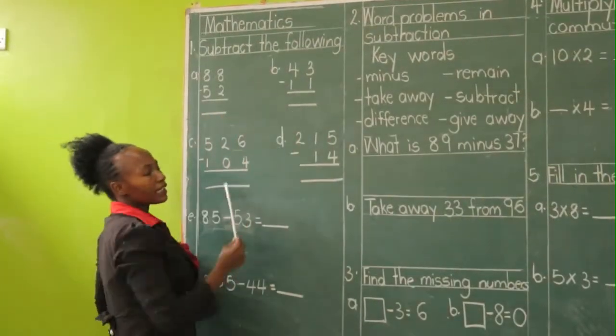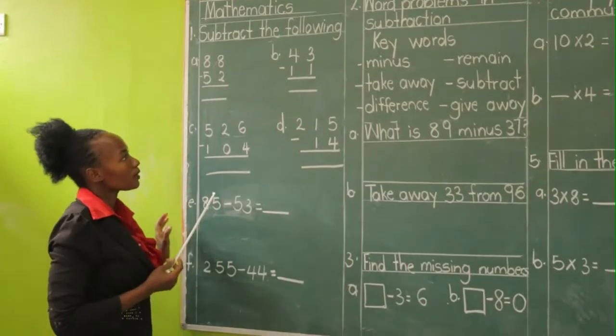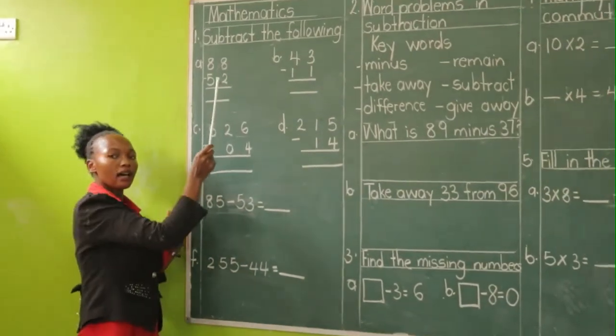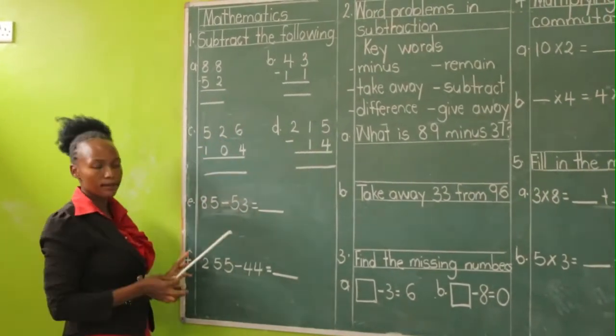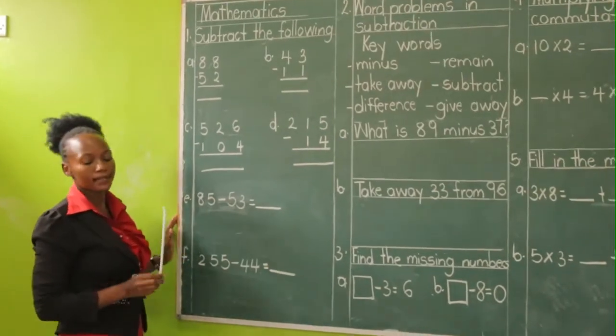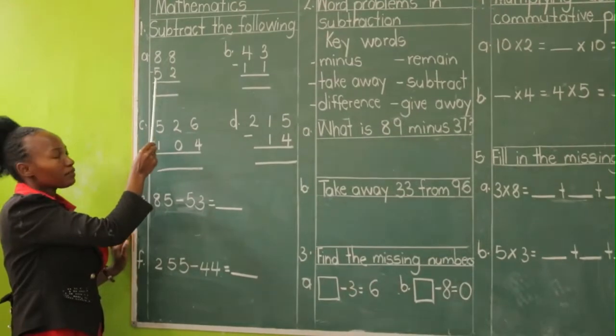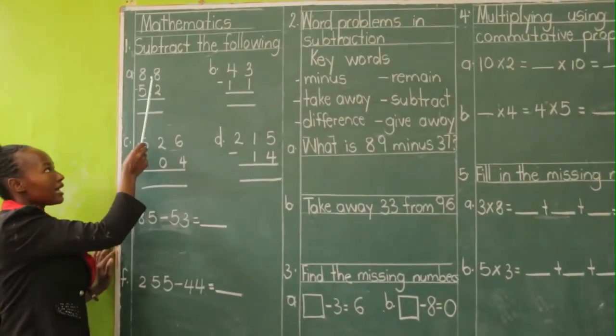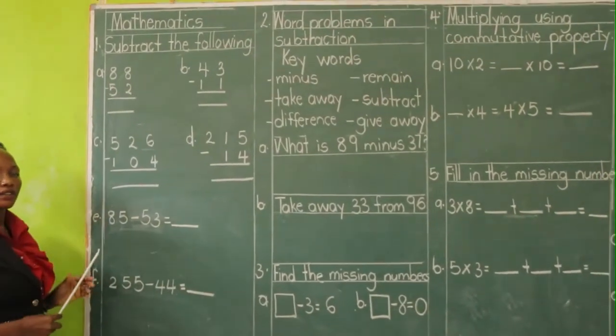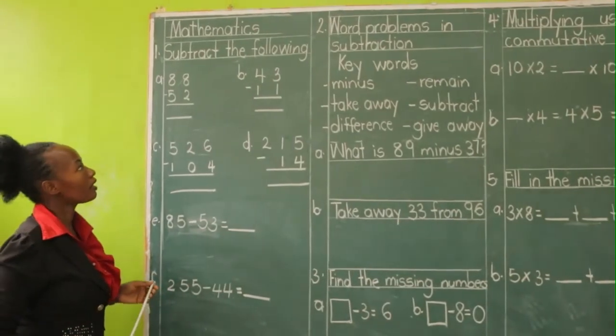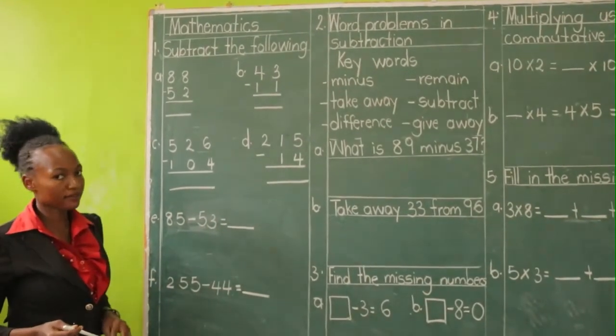Subtract the following. We are going to subtract these numbers here. Our first number is 88, take away 52. Remember, we first look at the place values.